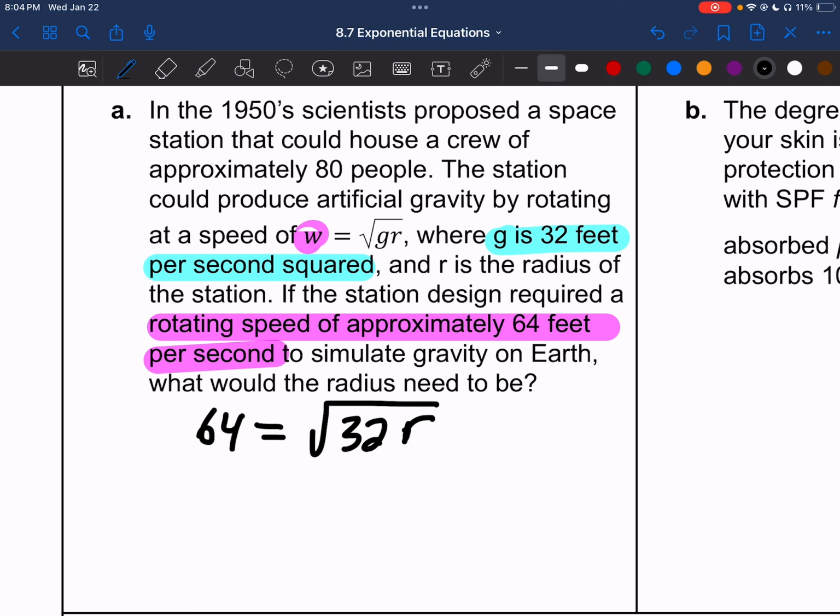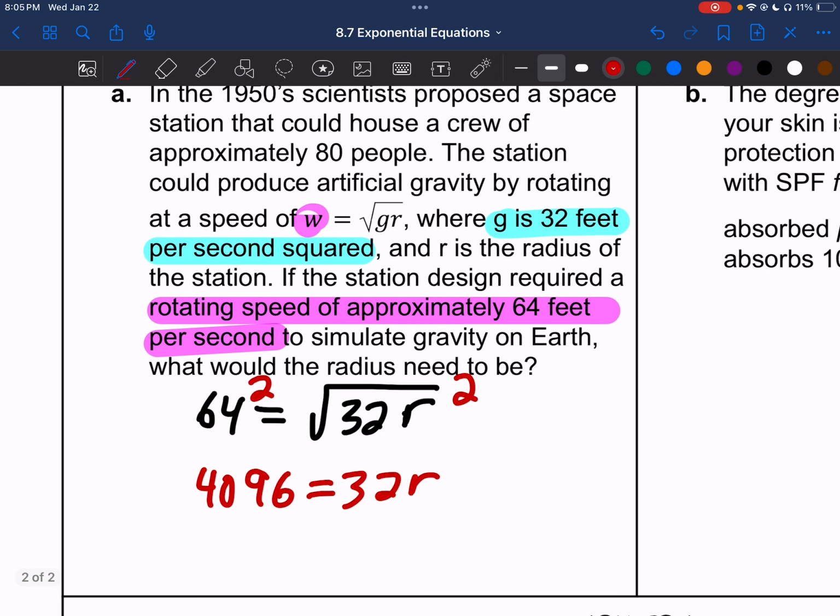So we need to get our variable out of inside the radical. So what do we need to do that? Well, undoing a radical would be squaring both sides. 64 squared is going to give me 4096, which is equal to 32r, right? Because when you square a square root, they cancel out.